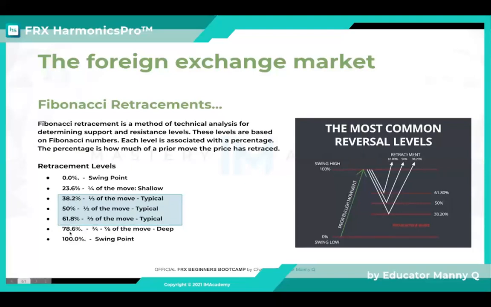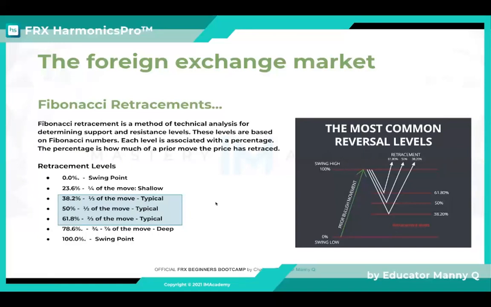Now you also have a 78.6%, which is anywhere between 3/4 to 7/8 of the move. This is considered a very, very deep pullback in the market, and that could be for a variety of reasons. Okay, and then last but not least, you have 100%, which is the actual bottom.